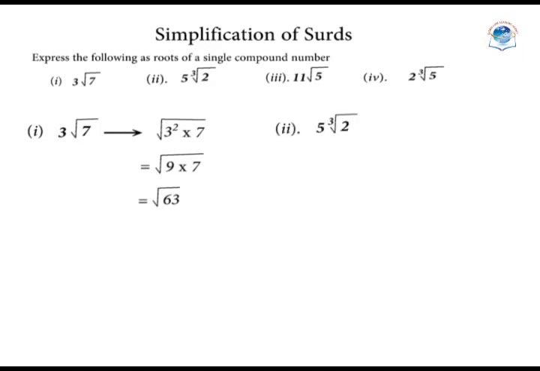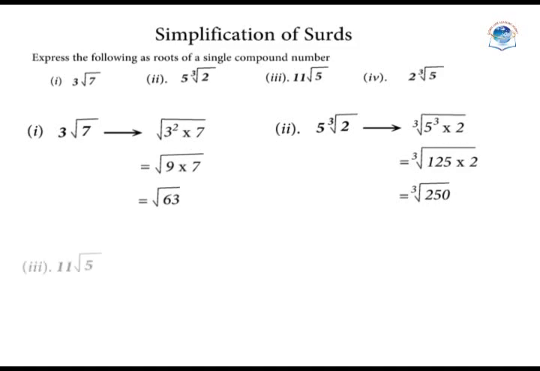Next, 5 cube root of 2 is equal to cube root of 5 cubed times 2. That gives us cube root of 125 times 2, and that is the cube root of 250. 11 root 5 is equal to root 11 squared times 5, which is equal to root 121 times 5, which is equal to root 605.